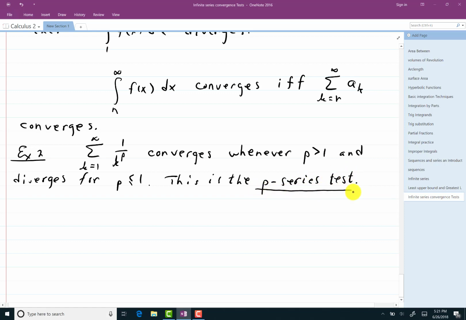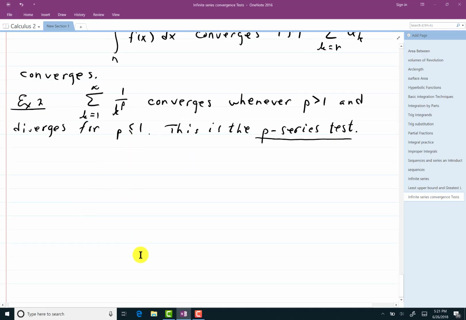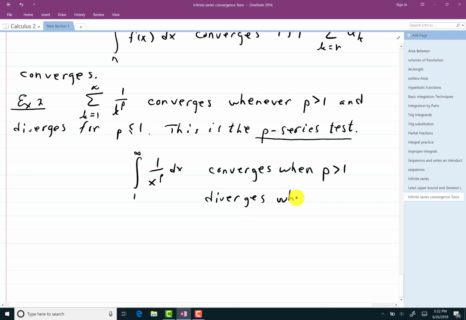Why is it true that that converges whenever p is greater than 1? Because we know that the integral of 1 over x to the p dx from 1 to infinity converges when p is greater than 1 and diverges when p is less than or equal to 1.